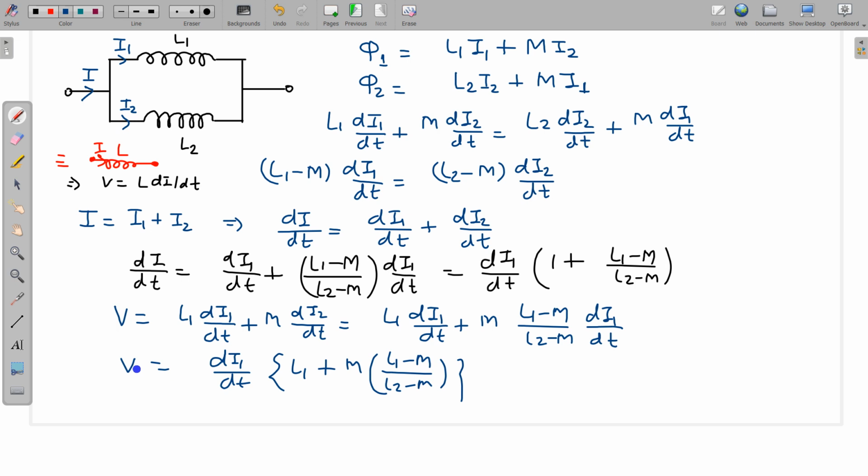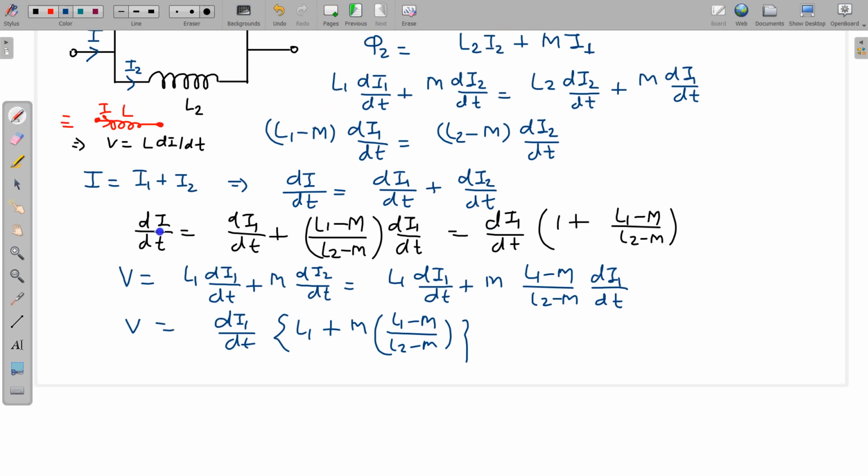So I have found V in terms of di1 by dt, and I can put this di1 by dt into the earlier equation. From this equation I can find the equivalent self-inductance.